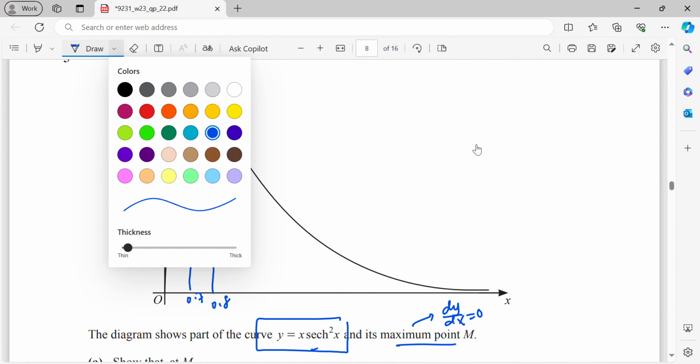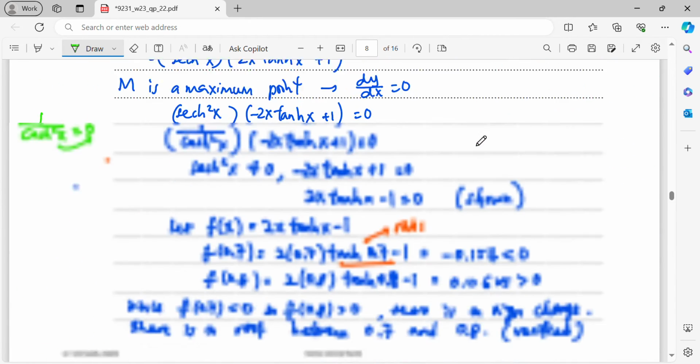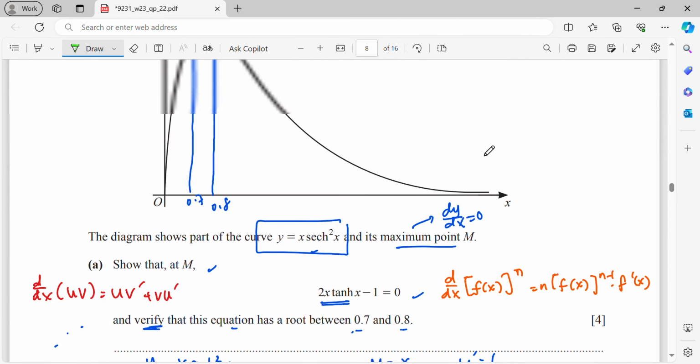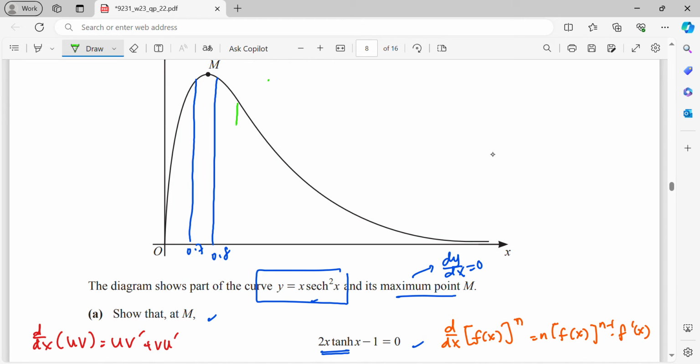Now the question says by considering a suitable set of rectangles. Because this is the y value, it is the summation of the y values, and we relate it to the rectangles. So let's say here is 1, this is 2, this is 3, this is 4, 5, until here is n.